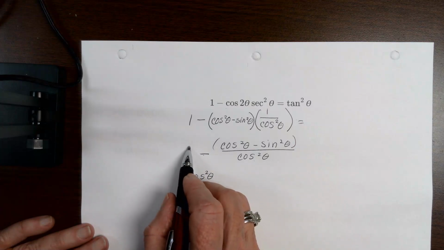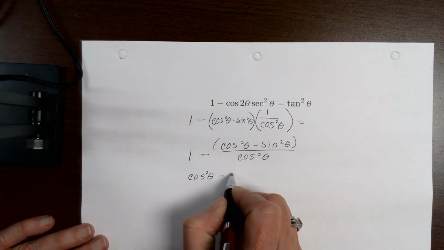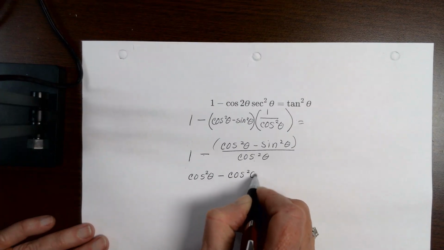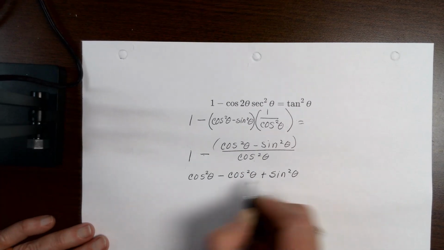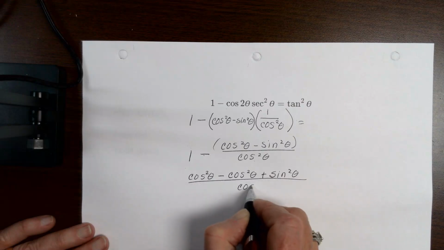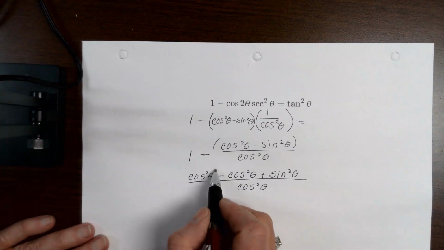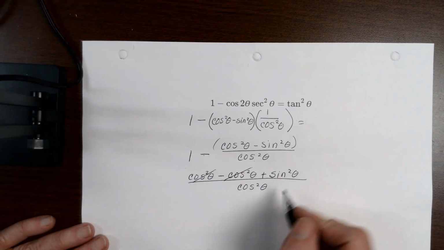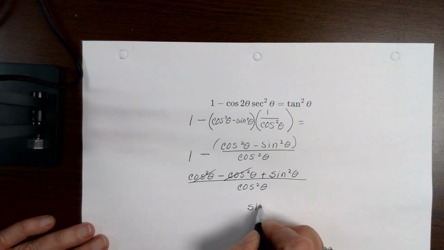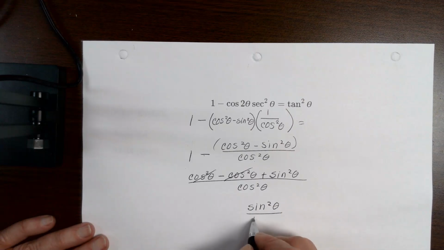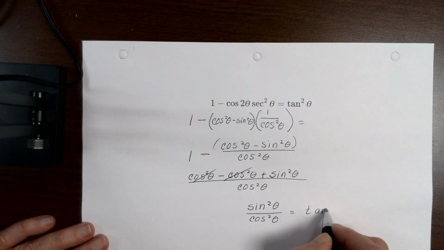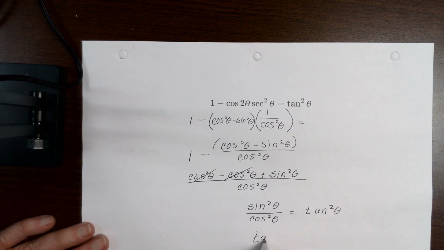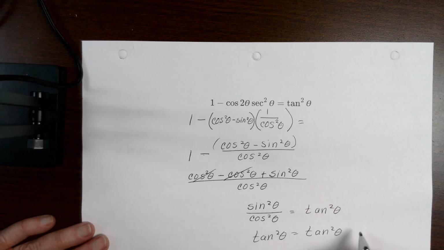I make this into cosine squared theta over cosine squared theta minus cosine squared theta, distribute my minus, plus sine squared theta over cosine squared theta. This minus this equals 0. So what I'm left with is the sine squared theta over the cosine squared theta, which you know is the tangent squared theta. So therefore I have proved this.